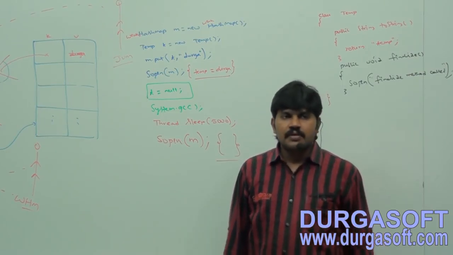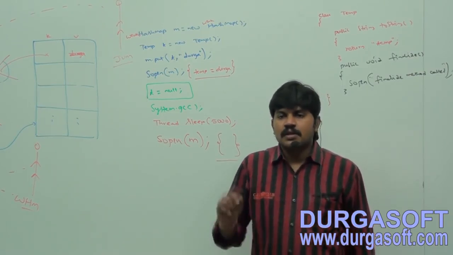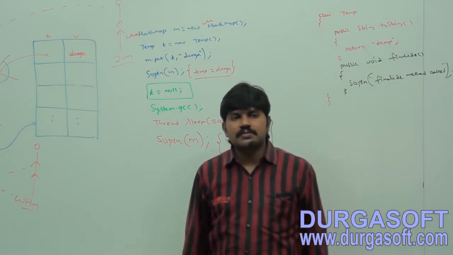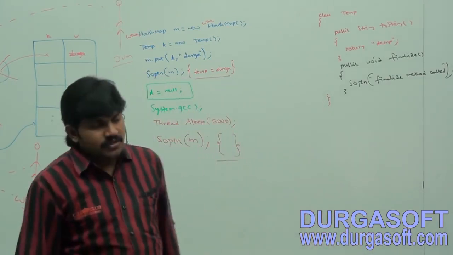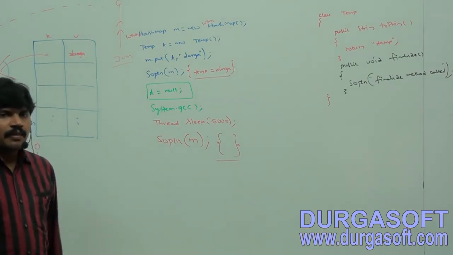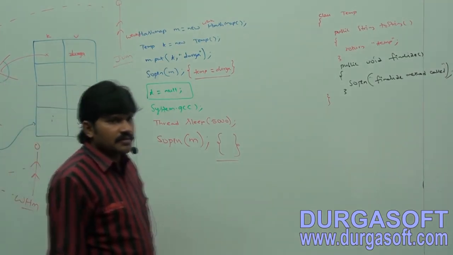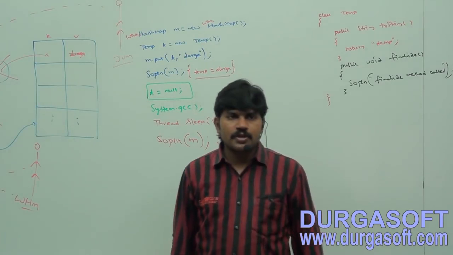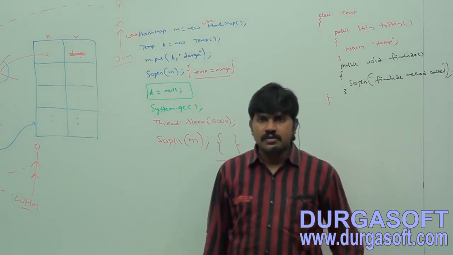That is, hash map dominates the garbage collector.